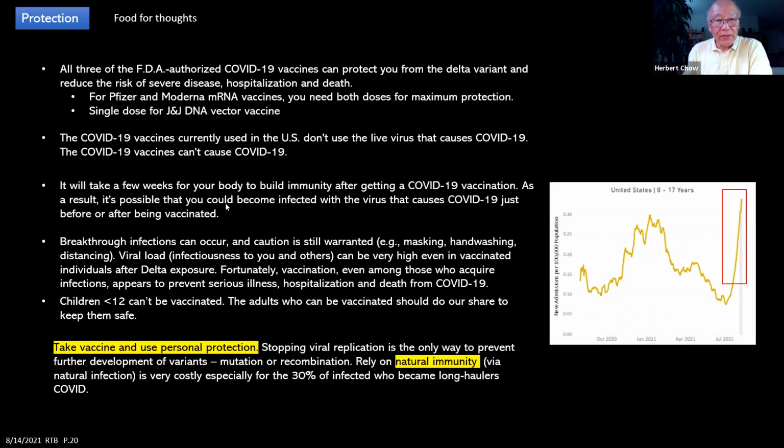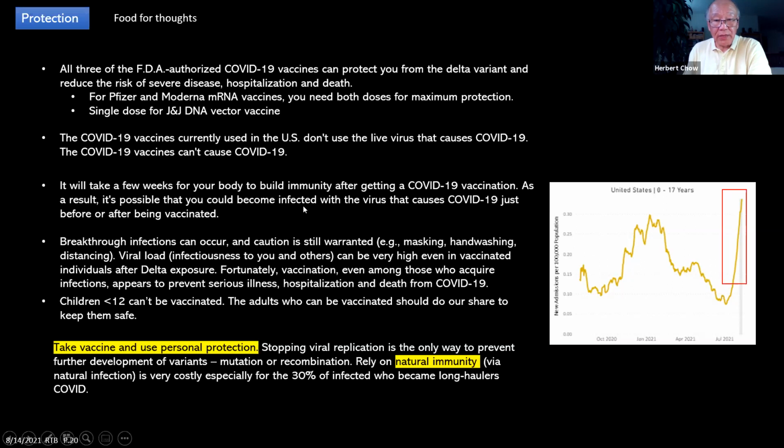For the sake of time, let me be brief on it. We have three very good vaccines. The vaccines currently used in the US don't have live virus in them, so none of them will cause COVID-19 disease. It will take your body some time to build up immunity after vaccination.